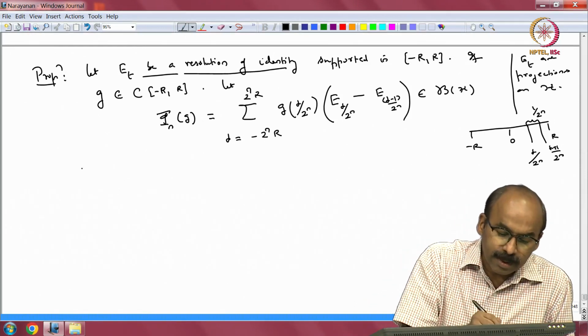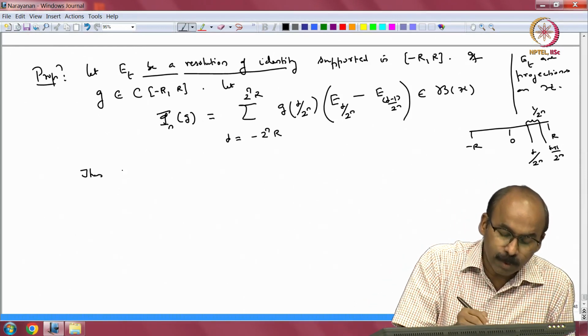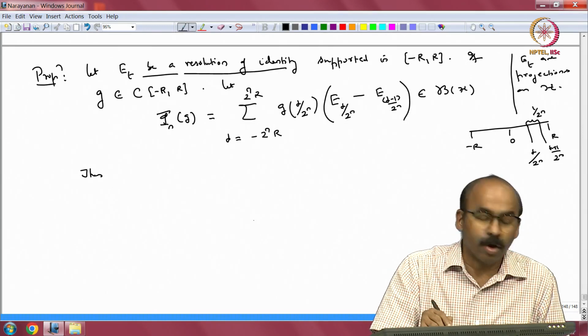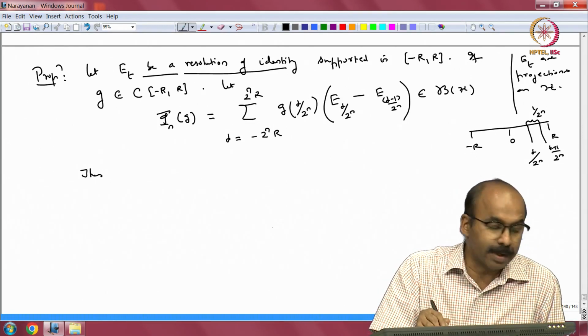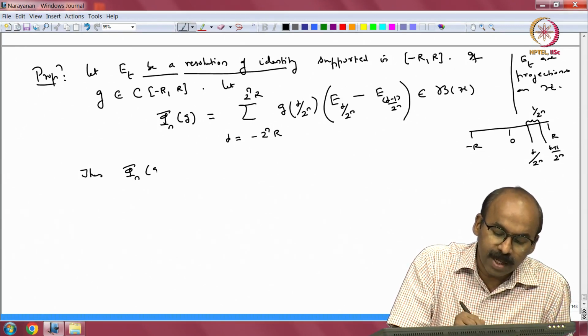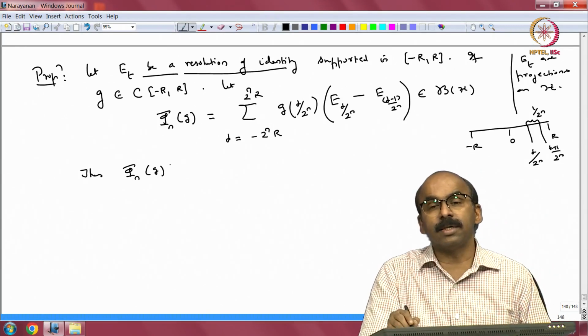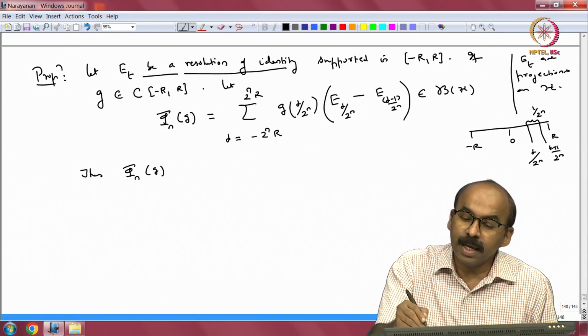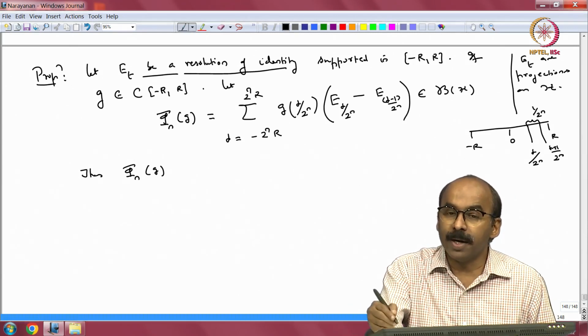So, the claim is that, so the proof of this will take some time, not too difficult, but a bit technical. Then phi_n(g), so g is fixed, g is a continuous function. For each n I am defining these operators, right.